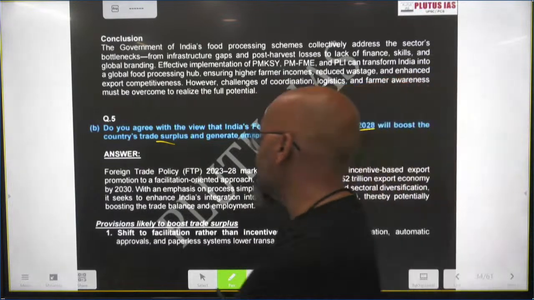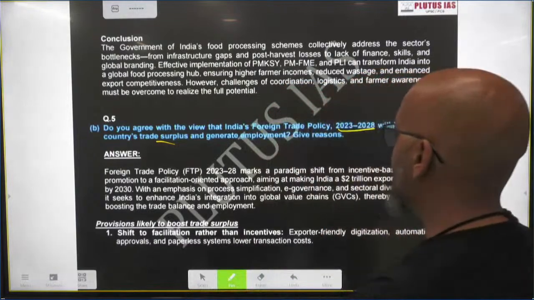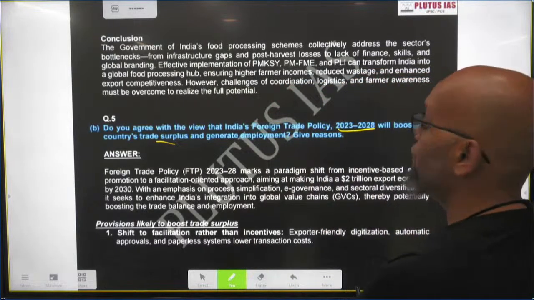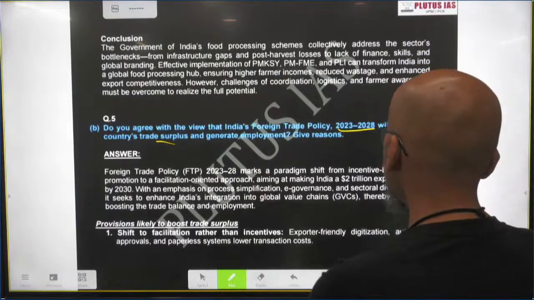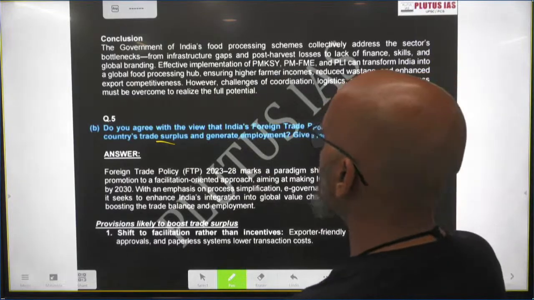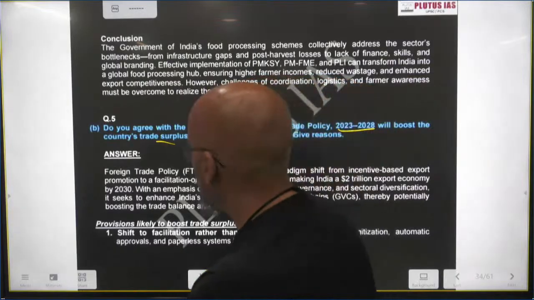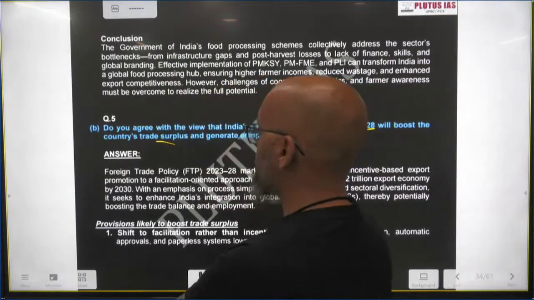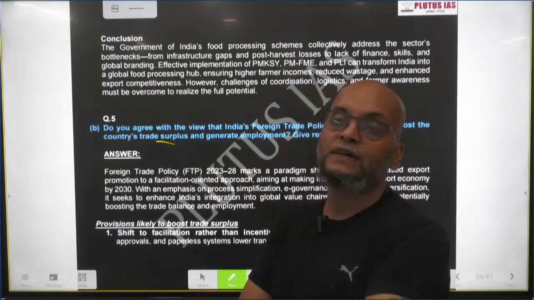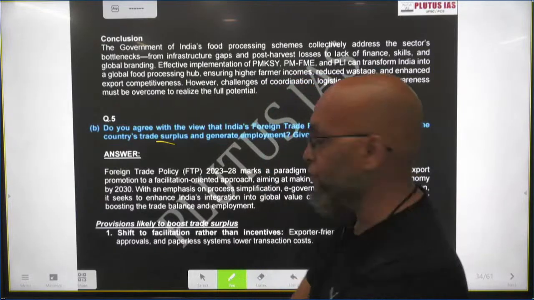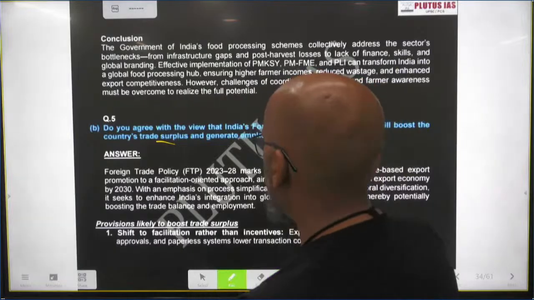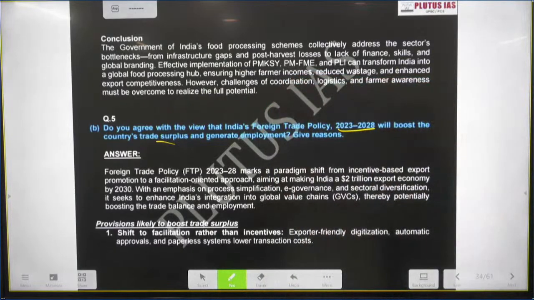It seeks to enhance India's integration into global value chains, thereby potentially boosting the trade balance and employment. So, provisions likely to boost the trade surplus. Trade surplus means when our exports are more than imports. So first is the shift to facilitation rather than incentives.